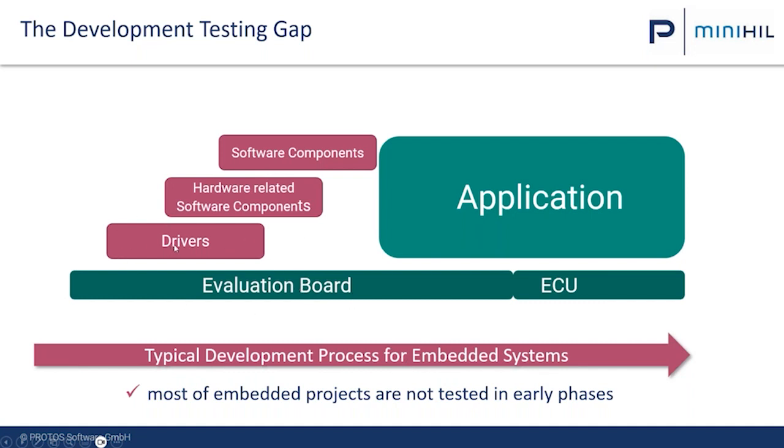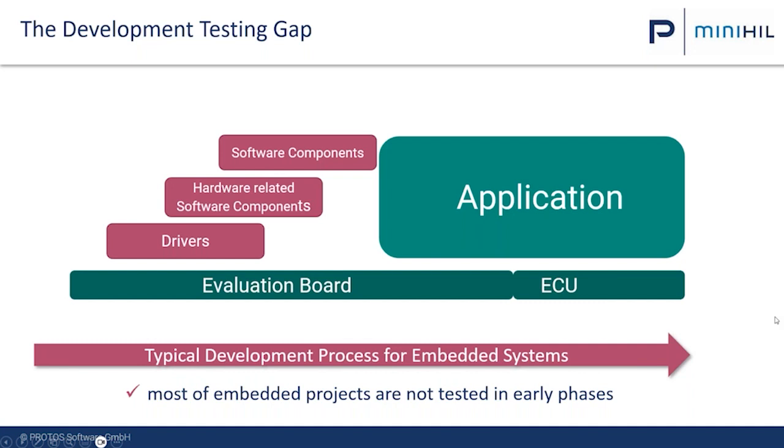You configure your drivers, your hardware-related software components, for example, a motor controller or a battery controller, bus protocols, CAN, LIN, and so on. On top of that, you have pure software components. You integrate this to an application, and eventually you go to the real control unit, the real target, where you actually run the project in the real world.